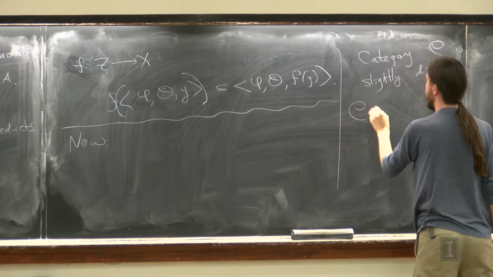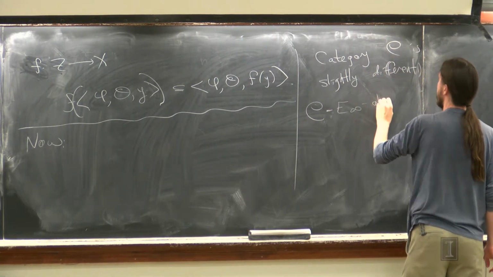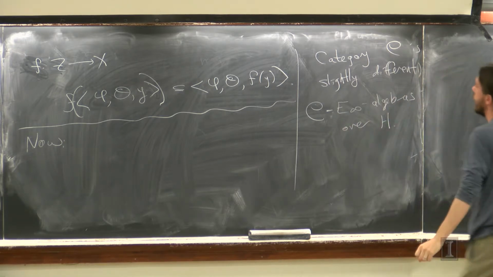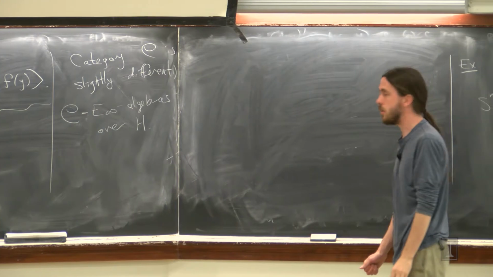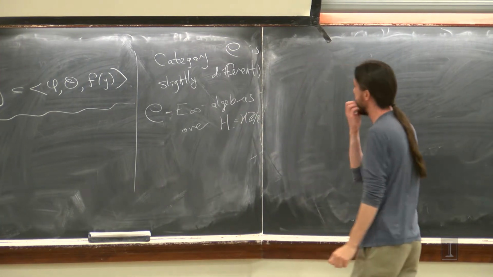Our category C is going to be the category of E-infinity algebras over the Eilenberg-MacLane spectrum H, which is H Z mod 2. Like so.